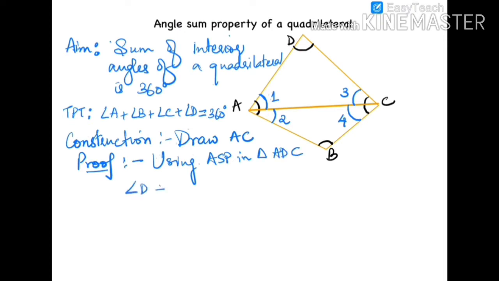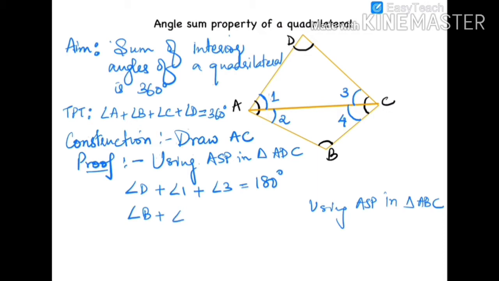Angle D plus angle 1 plus angle 3 will be equal to 180, as they are the interior angles of this triangle. Similarly, using the angle sum property in triangle ABC, we can write angle B plus angle 2 plus angle 4 is equal to 180 degrees.